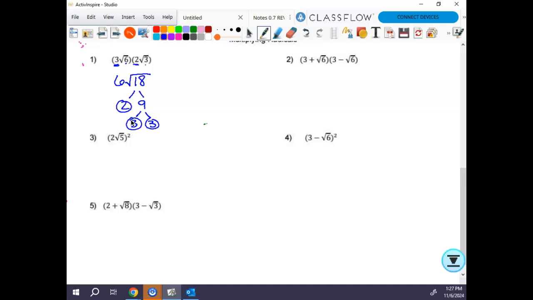And then when I simplify this, I can't forget about this guy. He's already out there. That's 6 times. It's a square root, so 2 3s come out as a regular 3. This guy stays inside. And this is 18 square roots of 2. Okay. What question do you have? Anything?